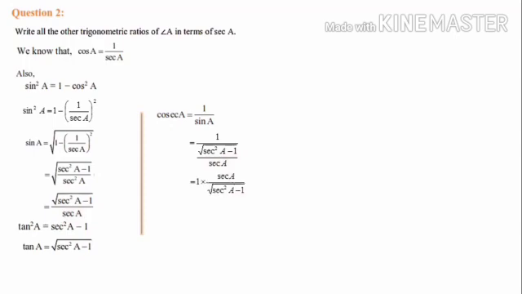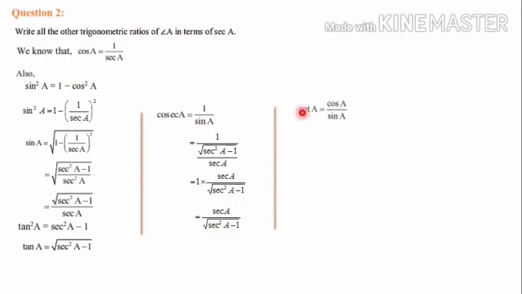That is equal to 1 into, this division we have to change into multiplication, and the entire denominator quantity we have to take the reciprocal, that is sec divided by root of sec square A minus 1. That is equal to 1 into sec is sec, denominator is the same, root of sec square A minus 1.